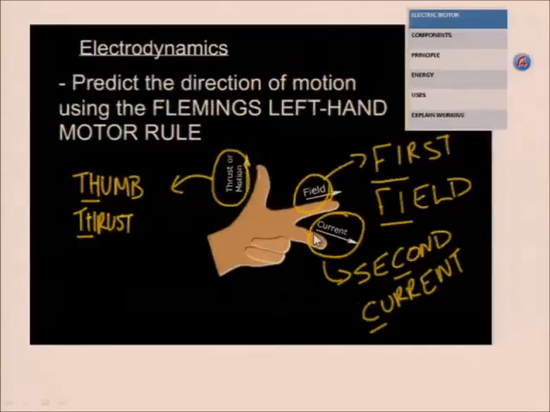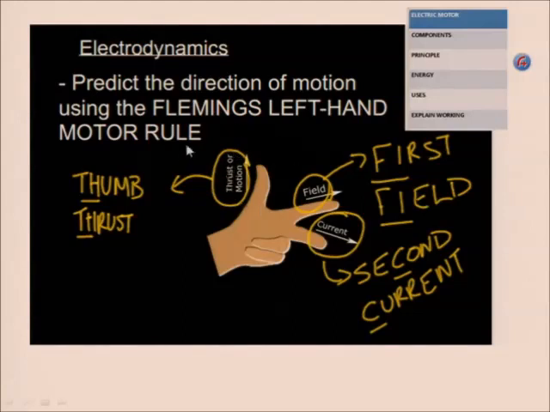Now, in this rule, you will see that there are three very important parts that form part of the rule. And with the electric motor, this rule, we use our left hand to be able to see the influence of these three factors that influence the direction of motion that will be experienced in the electrical motor.